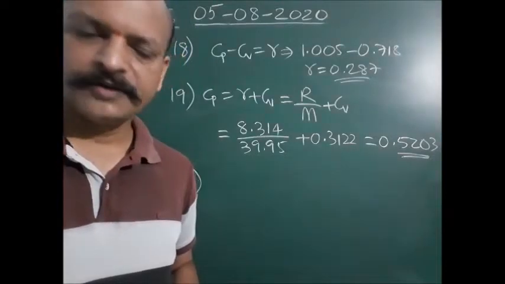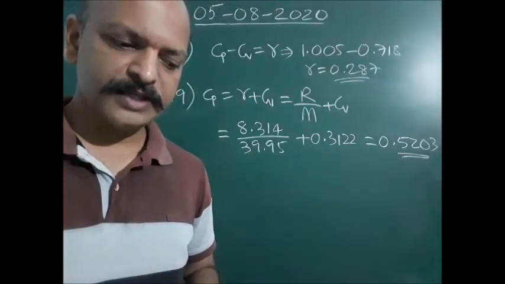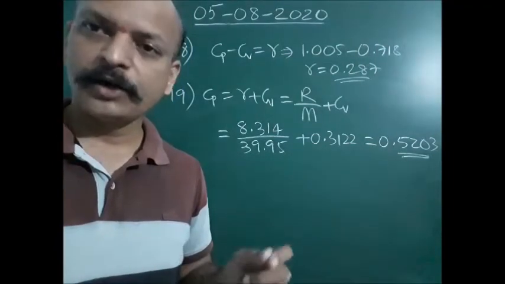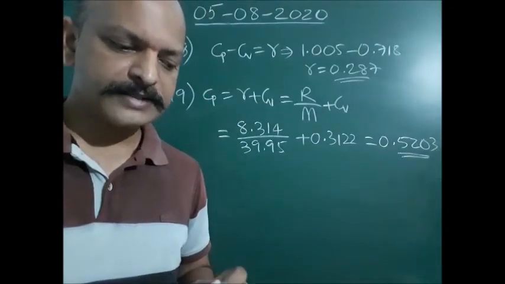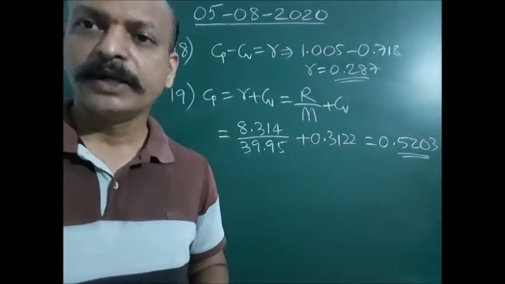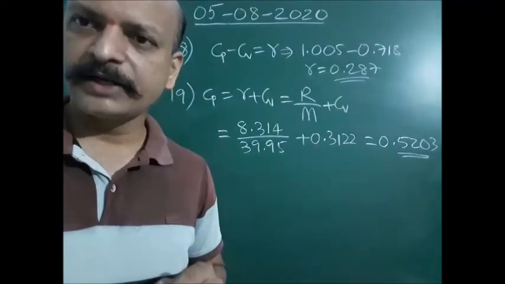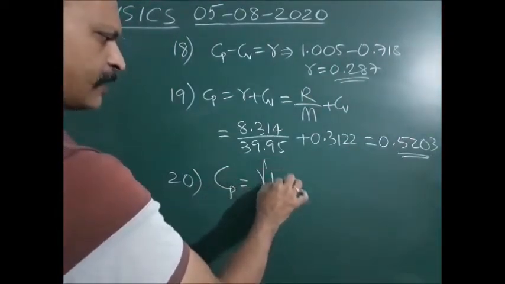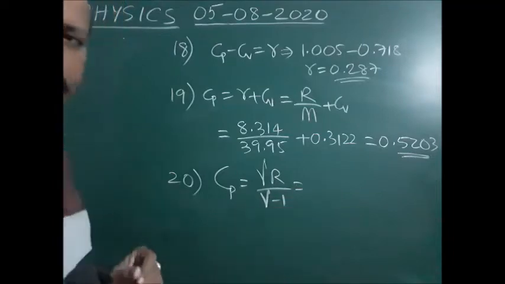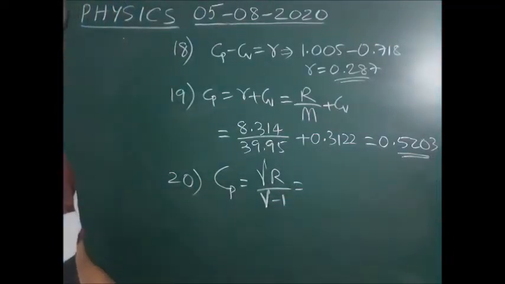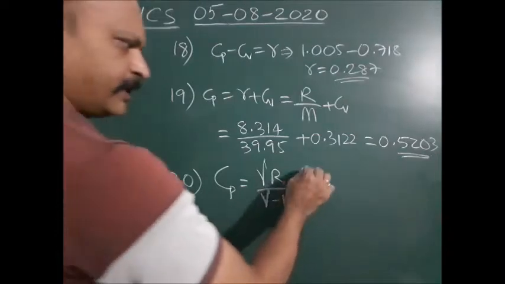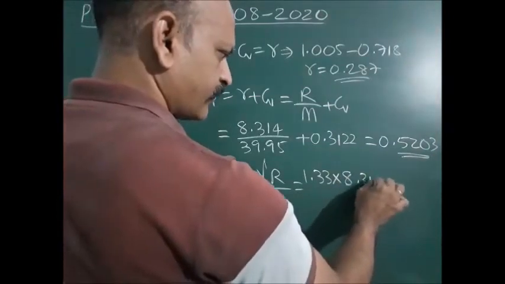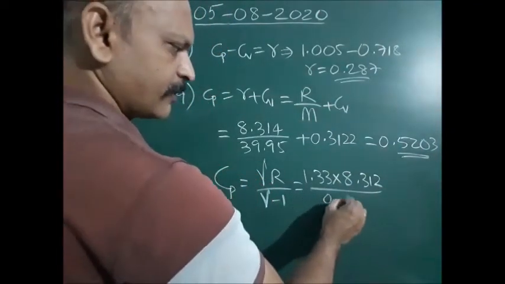Next, question number 20. The ratio of specific heats of steam is 1.33 and R is 8312 joule per kilomole Kelvin. The gamma value is given, and Cp and Cv values are asked, the molar specific heats. So capital Cp is equal to gamma R by gamma minus 1, that is the formula. What is the gamma given in the question? 1.33, into R value 8.312, by 1.33 minus 1.